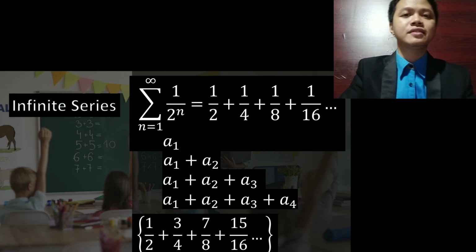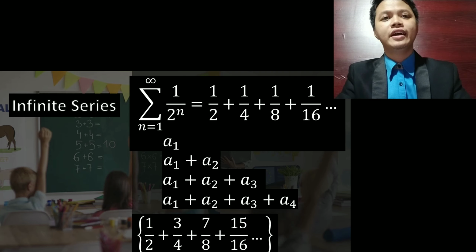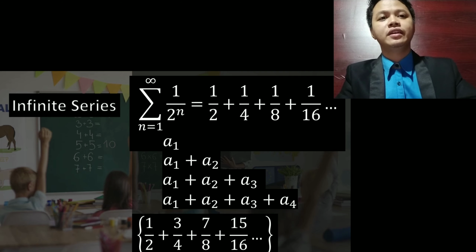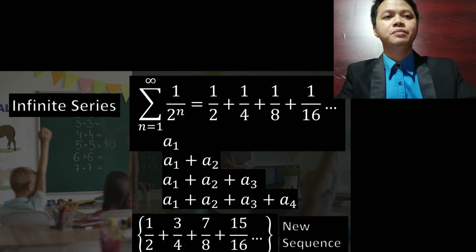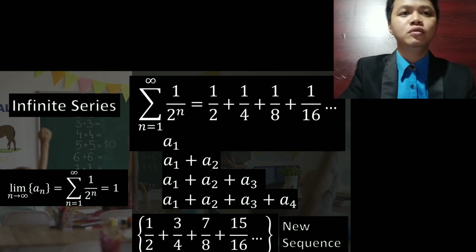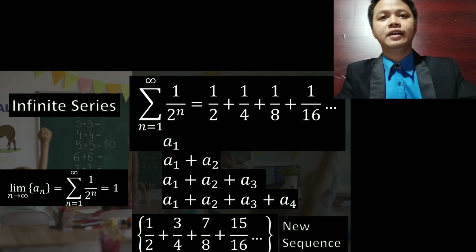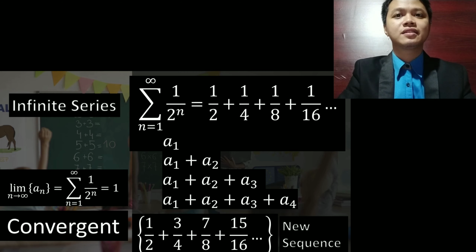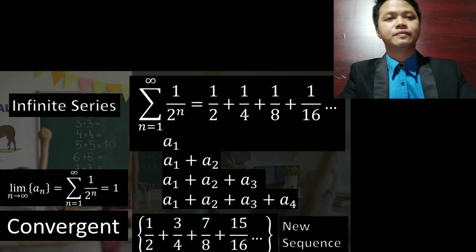Then it will give us a new sequence, 1/2, 3/4, 7/8 and so on. This will be our new sequence. If you take a look at this new sequence, it is approaching 1. Thus, this infinite series is convergent.